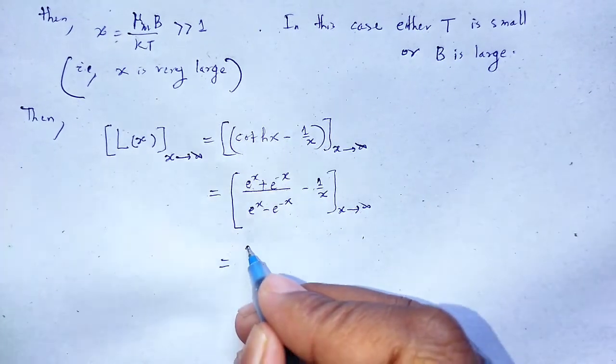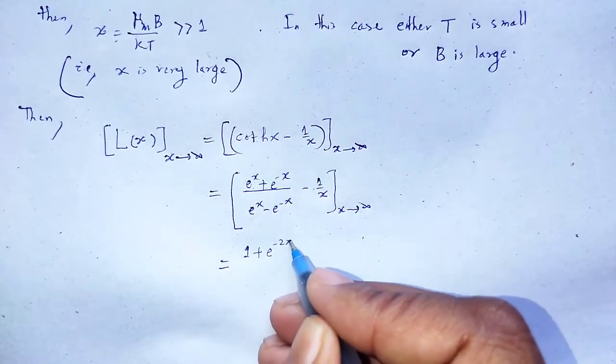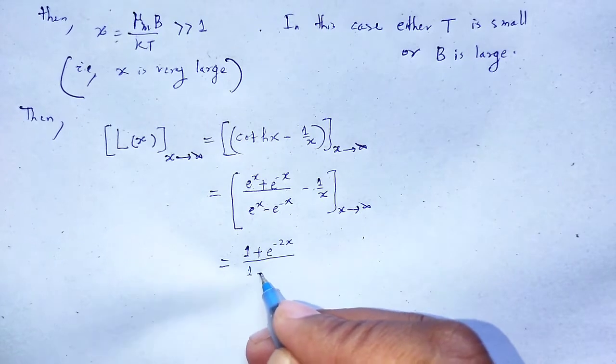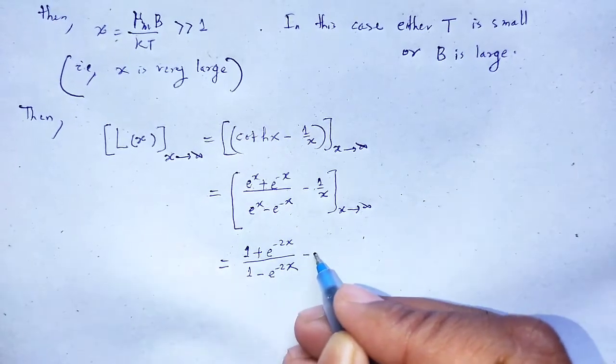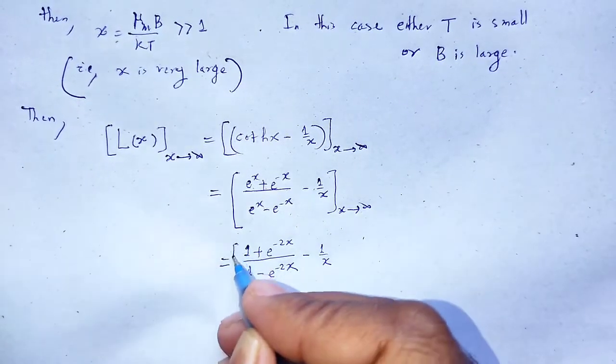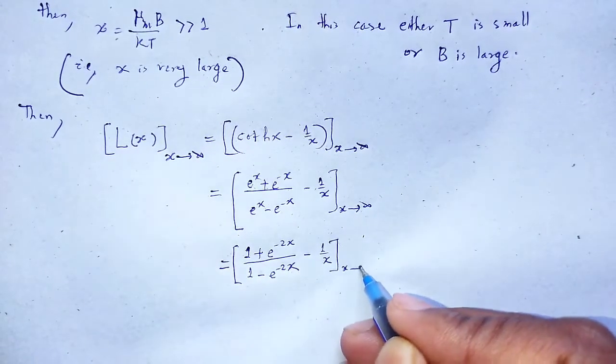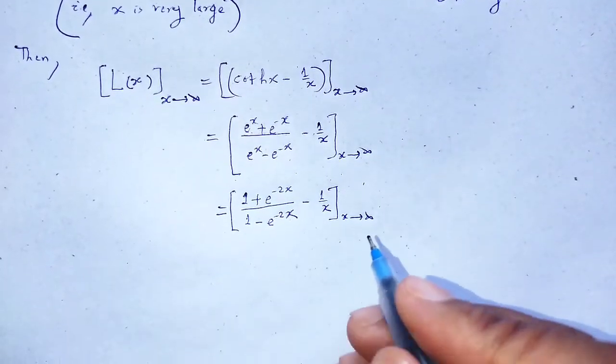So we obtain 1 plus e to the power minus 2x divided by 1 minus e to the power minus 2x, minus 1 by x, x tends to infinity.